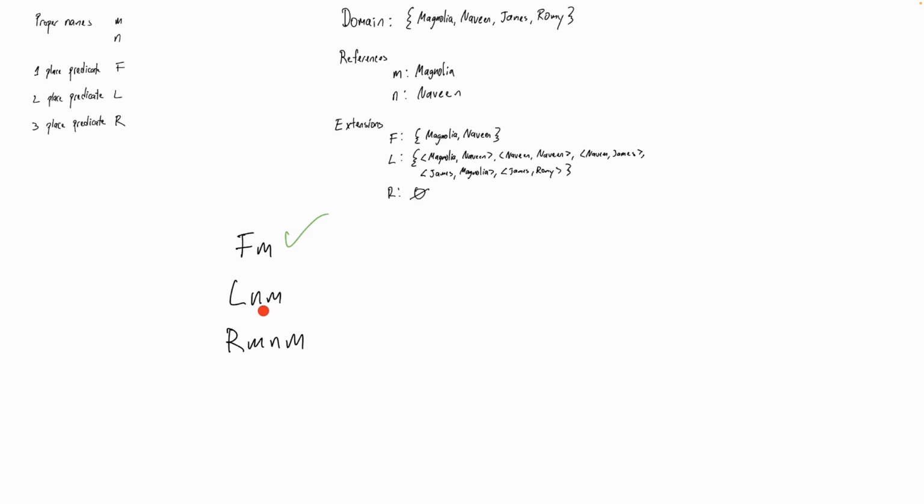LNM is true if the ordered pair consisting of the referent of M followed by the referent of M is in the extension of L. Otherwise, LNM is false.